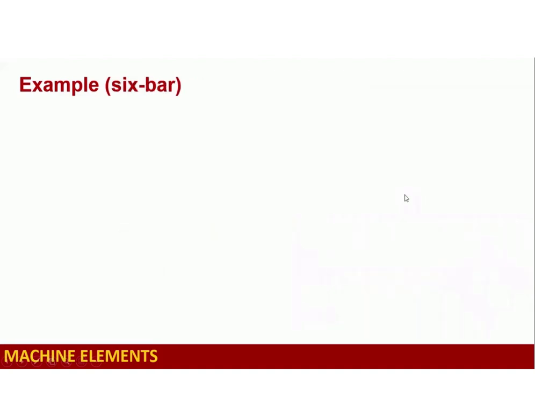For our last example, we will consider a 6-bar mechanism. For a 6-bar mechanism, using our formula, we can get 15 centros. So if you're going to list all the instantaneous centers, we can have 1, 2, 1, 3, 1, 4, 1, 5, and then 1, 6, since there are 6 links for a 6-bar mechanism.